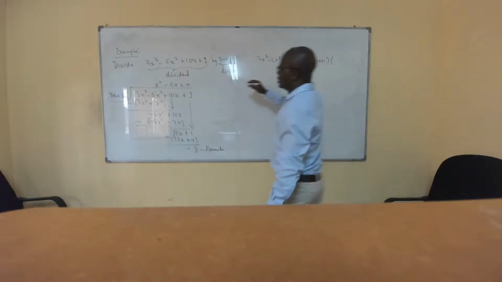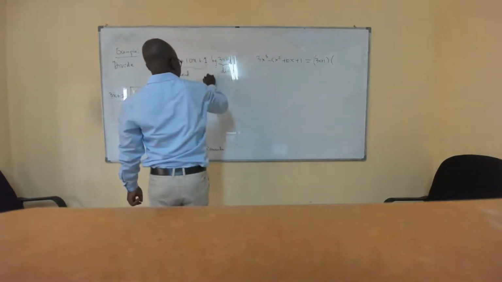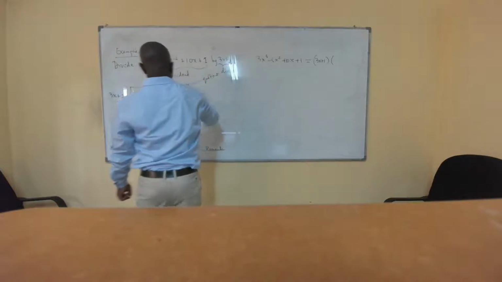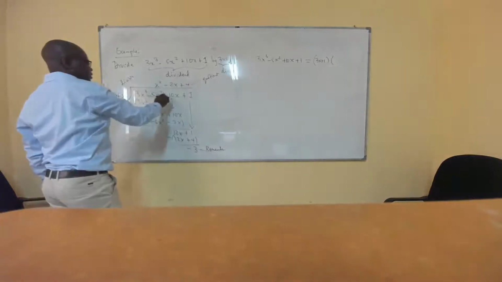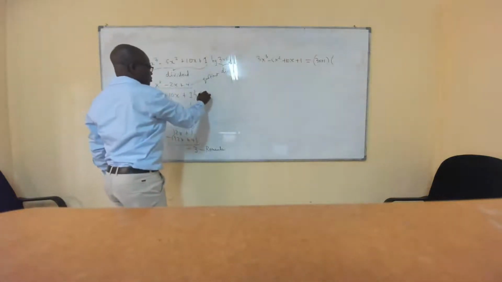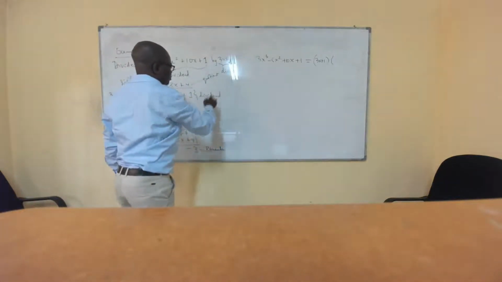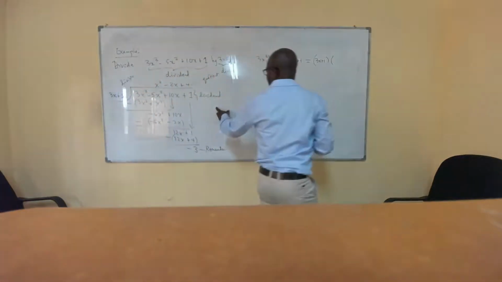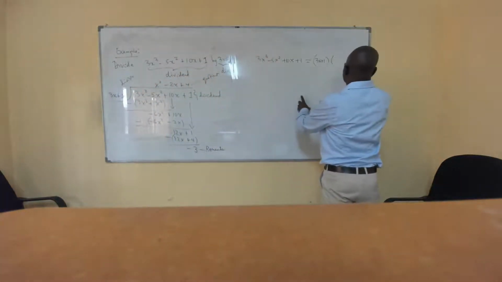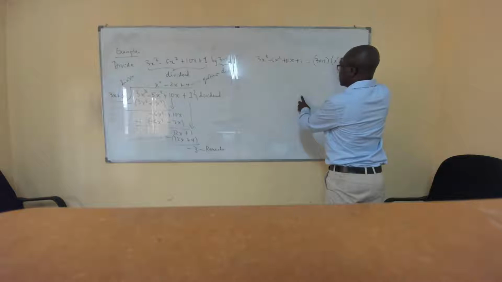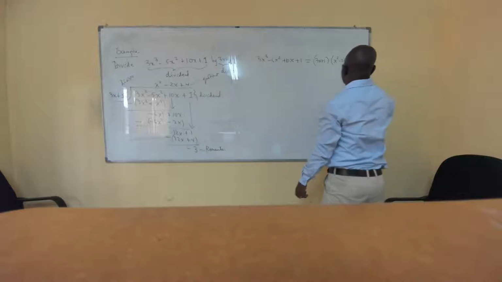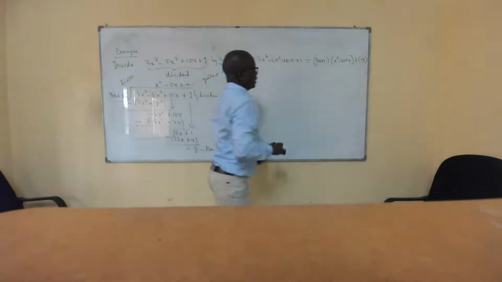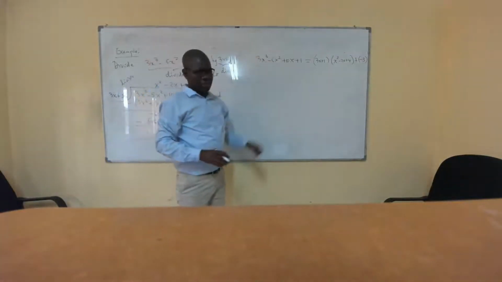You multiply by this, which is called the quotient. This is the divisor. And this is the dividend. Okay? So you can recover this by taking the quotient x squared minus 2x plus 4, then you add the remainder, in this case it's minus 3. When you expand there, you should be able to get this.